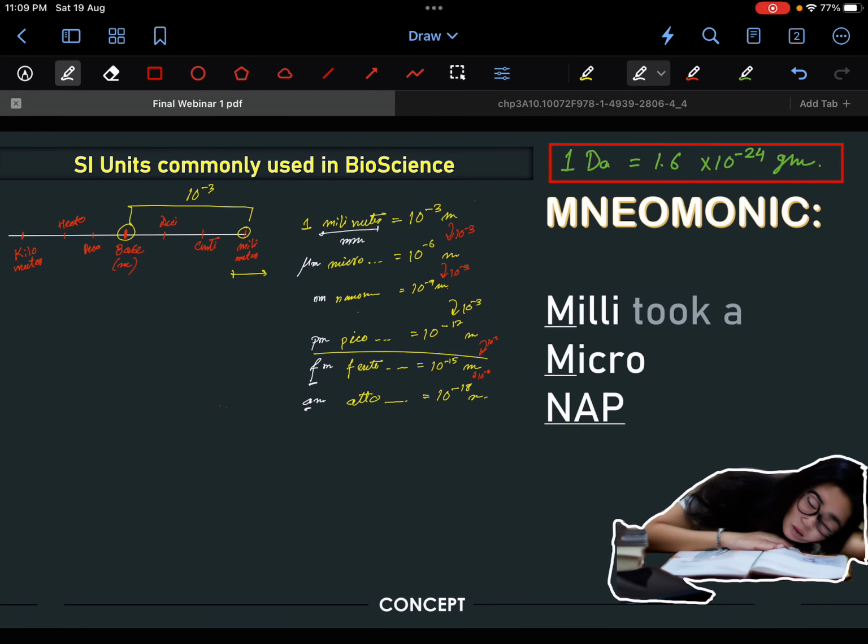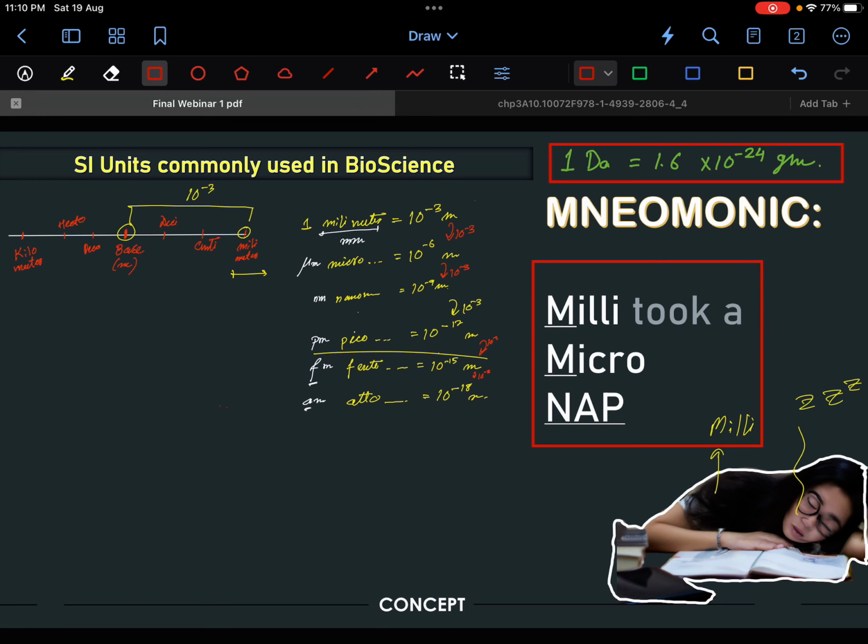As you can see, this girl is sleeping and taking a nap in between her studies. So the mnemonic is, her name is Millie. Suppose her name is Millie, and Millie is taking a micro nap. So Millie took a micro nap. This is the mnemonic. Millie took a micro nap.